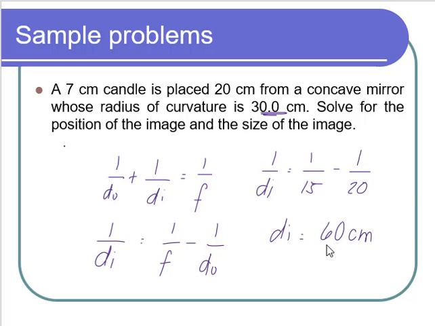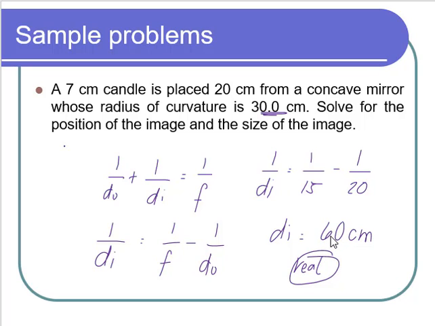Then getting its reciprocal, you will have the distance of the image equivalent to 60 centimeters. So this one is positive. That means the image is located on the same side as the object. So this image is a real image. Okay, so you have to take note that it's also a real image.